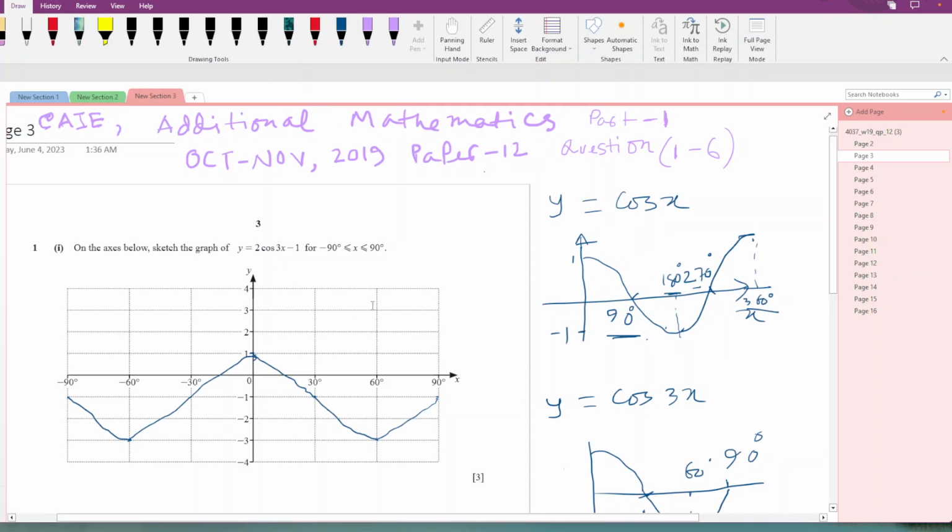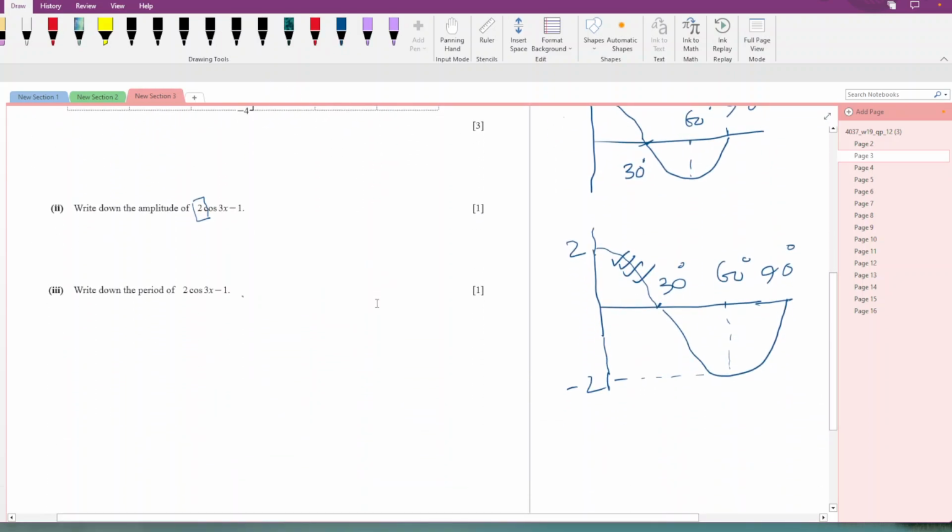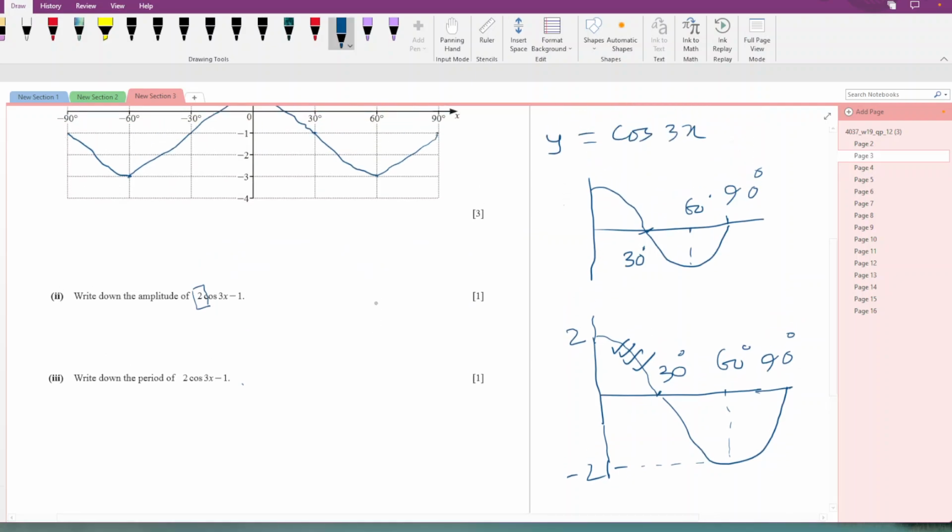Now, write down the amplitude and period of 2 cos 3x minus 1.